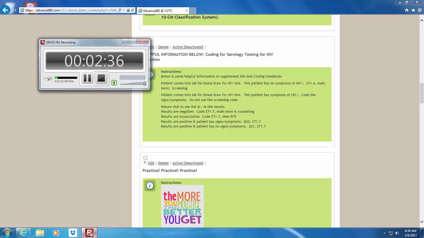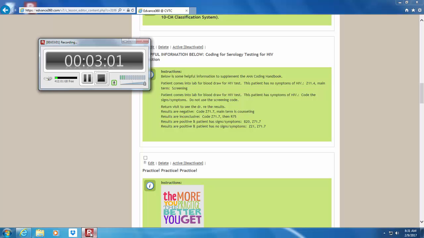When the patient returns to a visit to learn the results of that, the Z71.7, the counseling, would be assigned as the reason. When the test result is positive but the patient displays no signs and symptoms, Z21 category asymptomatic HIV is coded.